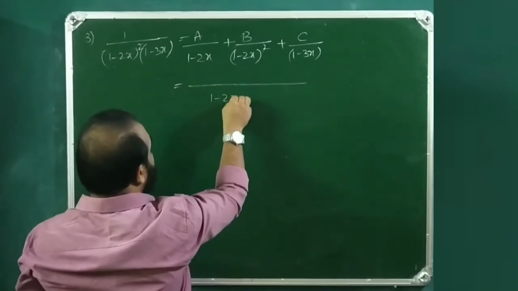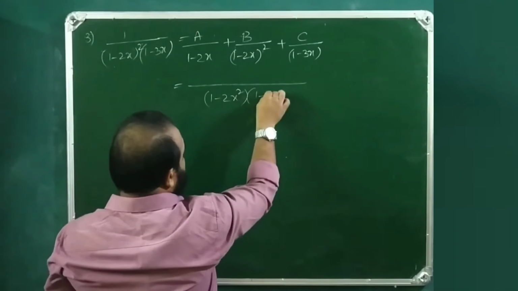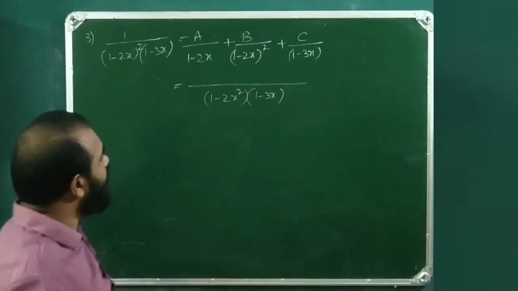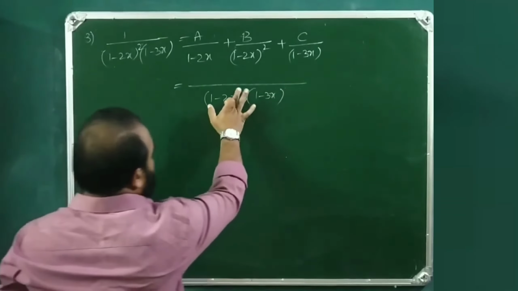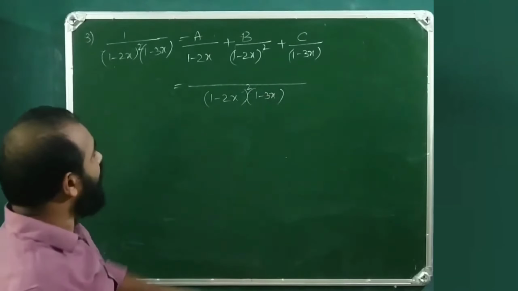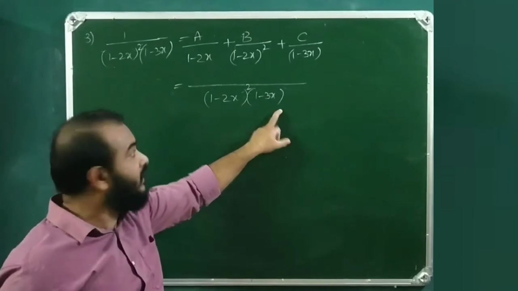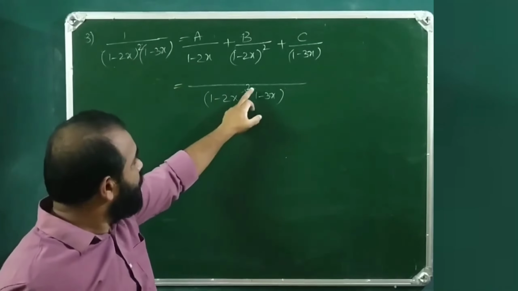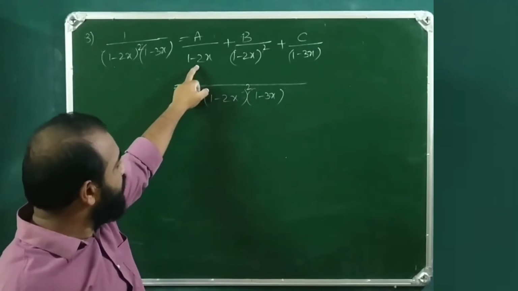So (1 minus 2x) whole square into (1 minus 3x) is the LCM. So (1 minus 2x) whole square into (1 minus 3x) by (1 minus 2x): this and this get cancelled for once.